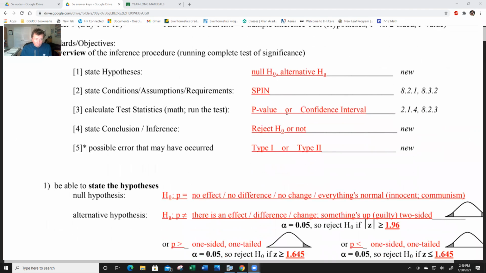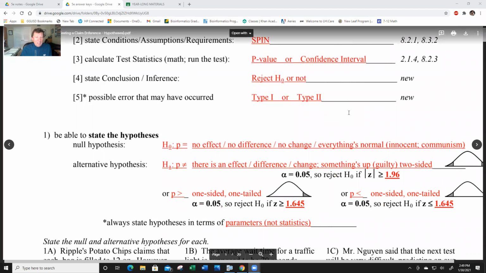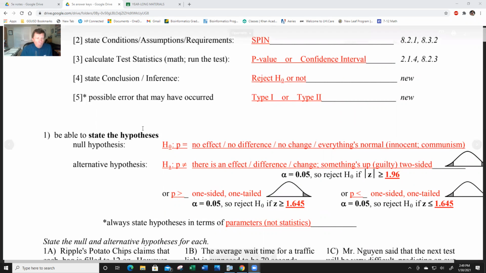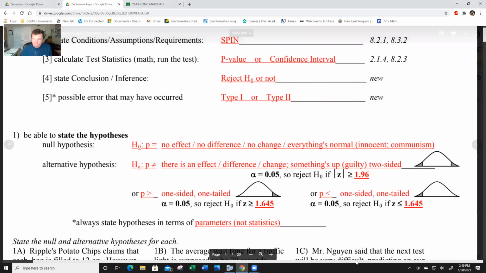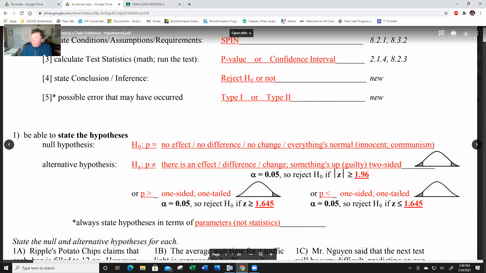Okay. We are on step 1. Okay. And some of this might get a little confusing, but in the end, it's not going to be difficult. Okay. All right. The null hypothesis is called HO. Okay. I have P equals, if you're talking about, if the problem is in the language of a mean, if the problem is a mean, you'll put mu equals, okay?